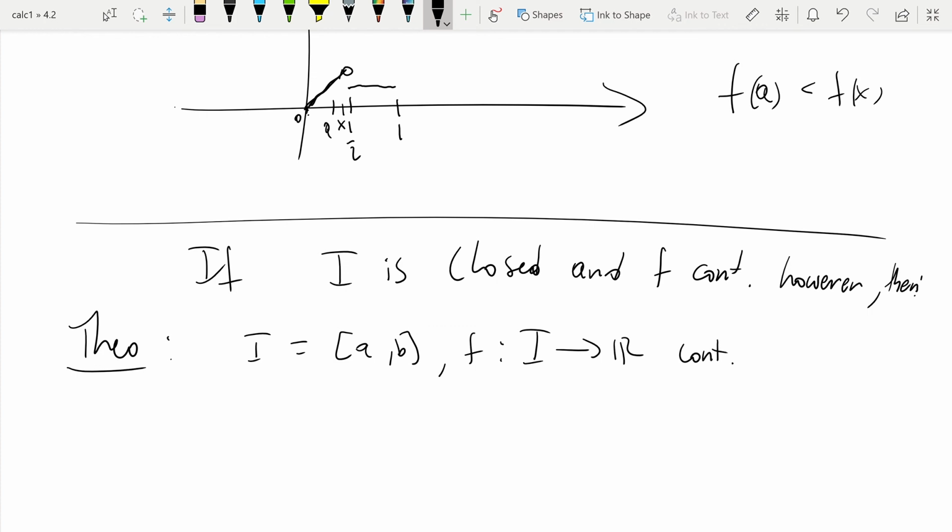So closed interval, continuous function, then f attains both a maximum and minimum.